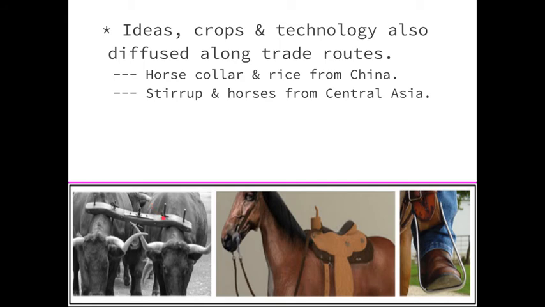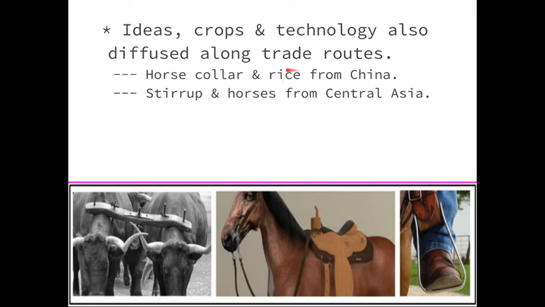But in doing so, they would kind of get choked, because they'd put all this pressure on their neck. But the horse collar allows them to put the pressure on the shoulders, so it means they can do more work. The more work the animal does, the more productivity your land has, right? And the horse collar is a Chinese invention and makes its way across Asia, into Europe, into Africa.